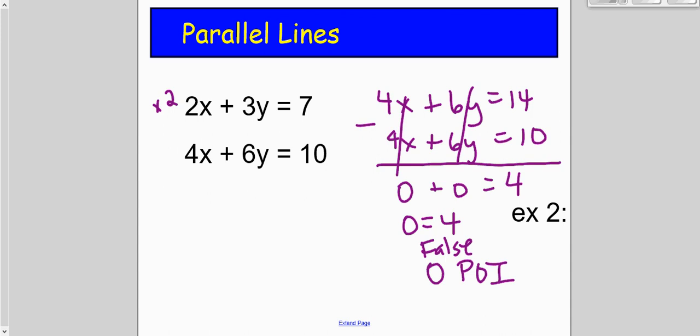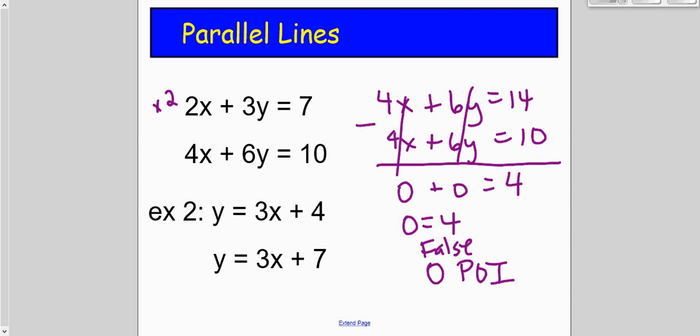Now, it could be written maybe this way too. And if it's this way, it's even easier to see because let's examine our slopes. This has a slope of 3. This has a slope of 3. So these have the same slopes.